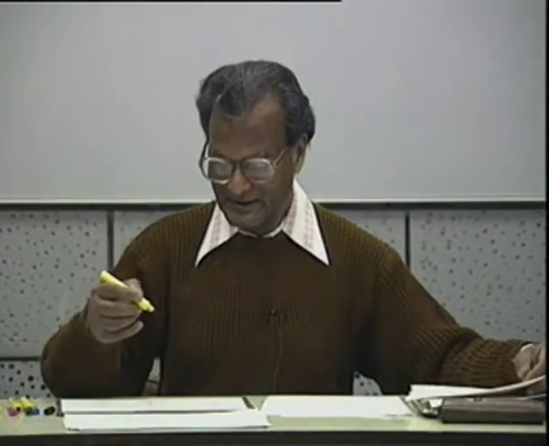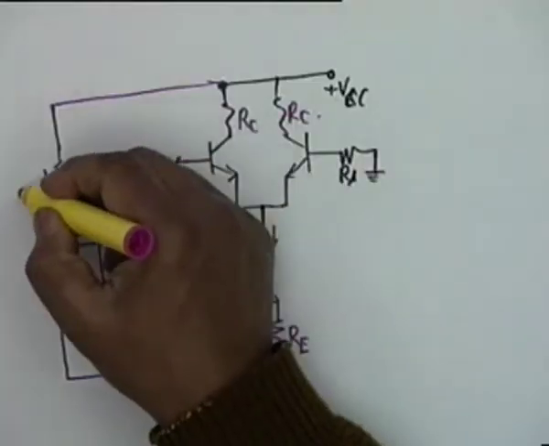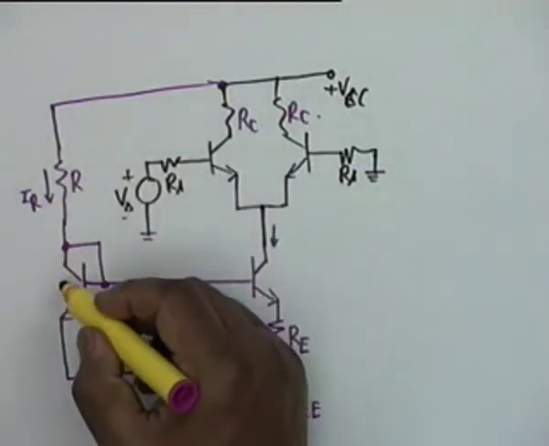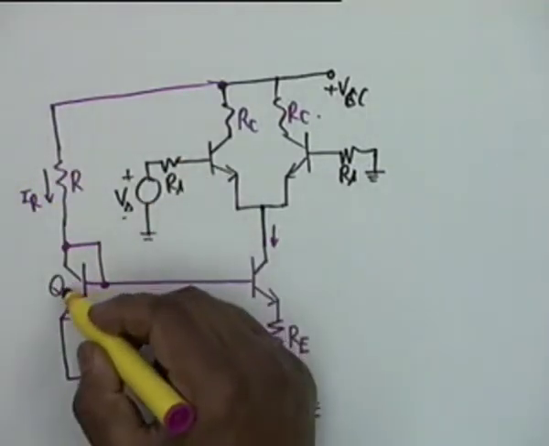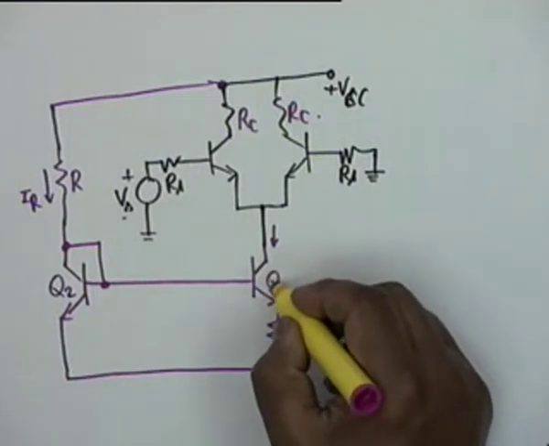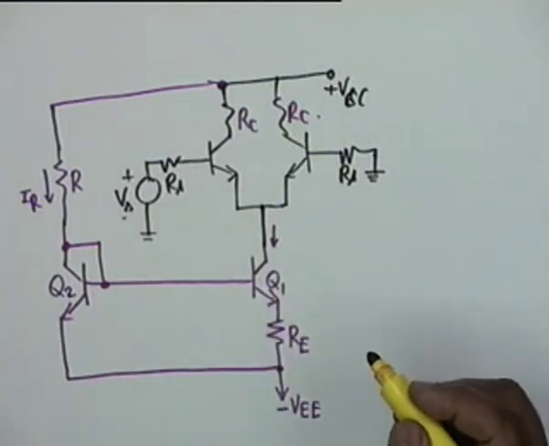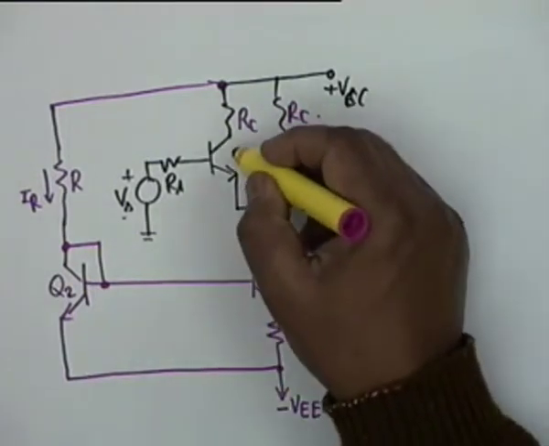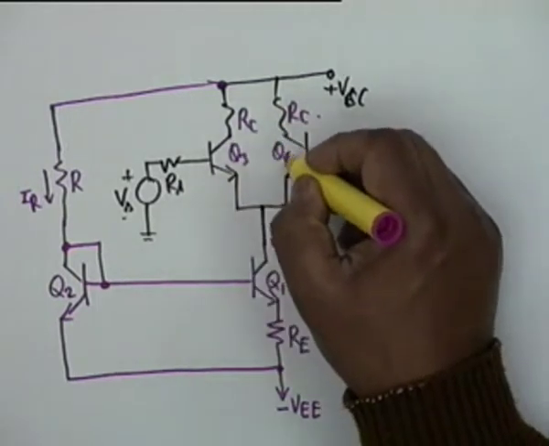You remember that IR, if I call this transistor Q2 and this transistor Q1, we had called these earlier Q1 and Q2, you call them Q3 and Q4.